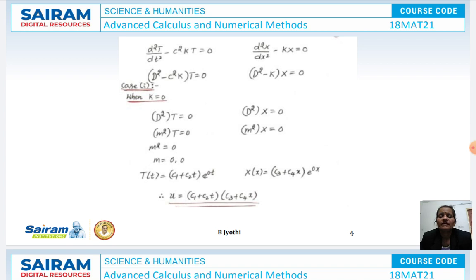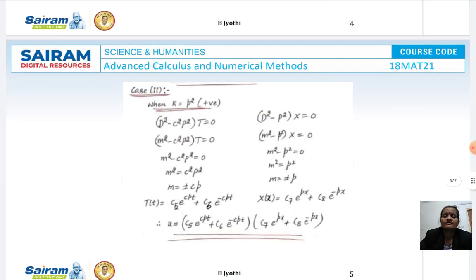Therefore, combining these two, we get u is equal to (c1 plus c2 t) into (c3 plus c4 x). This gives us the solution of the one-dimensional wave equation in the first case when k is equal to 0. Let's see the next case.